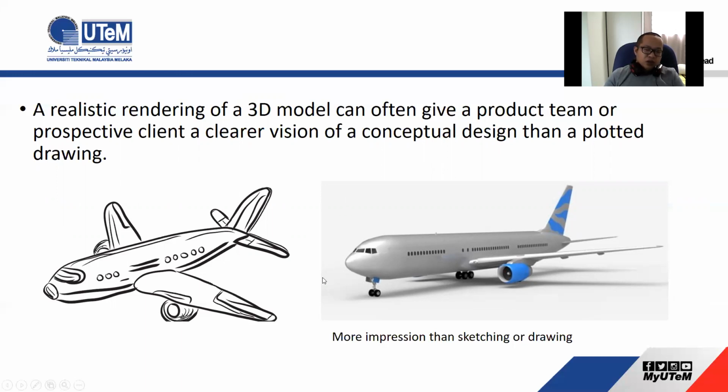You have a 3D object like this, but this one is only a sketch, rather than one with different shadow, lighting, coloring, and shape. This seems more realistic, rather than only this one, right?